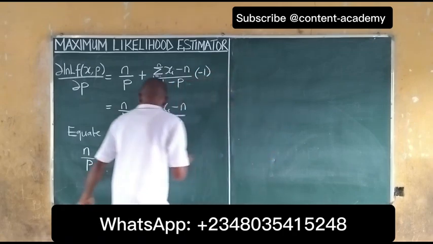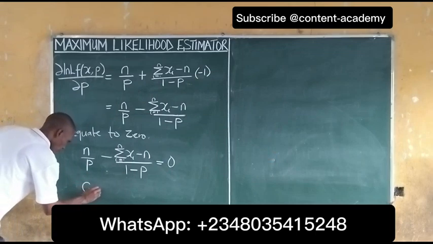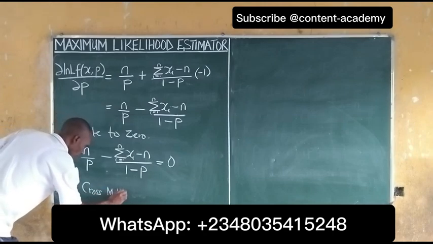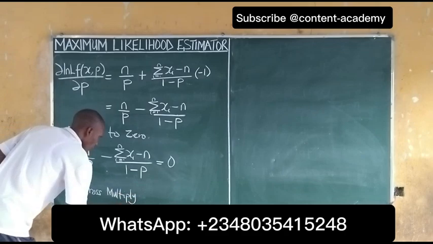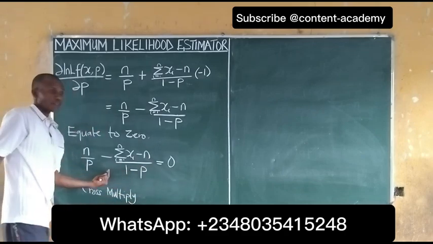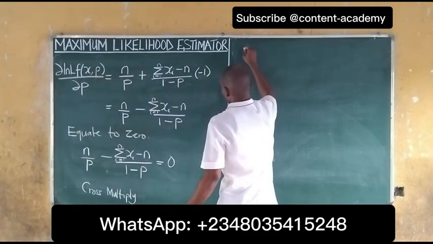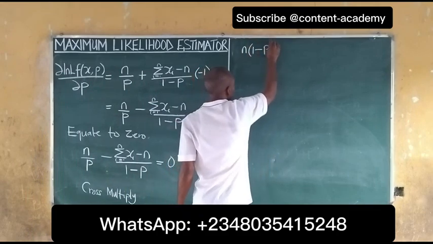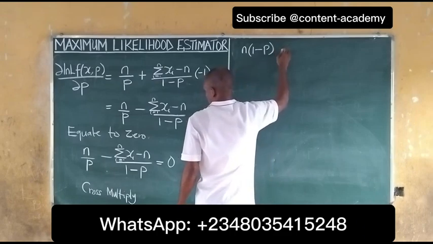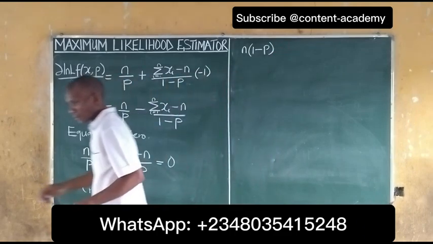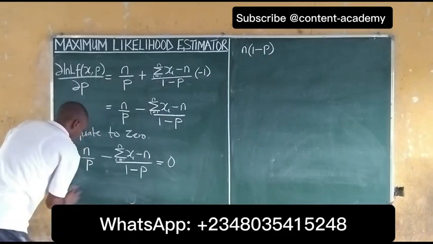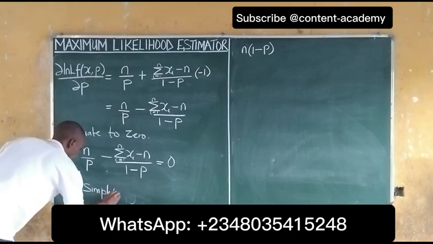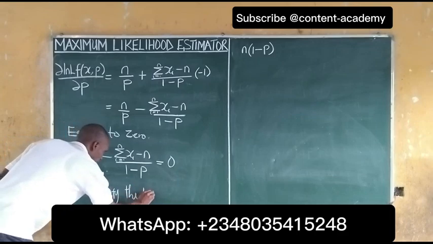If you cross multiply, the left hand side of this equation, we'll have n into 1 minus p, or let's simplify the left hand side.